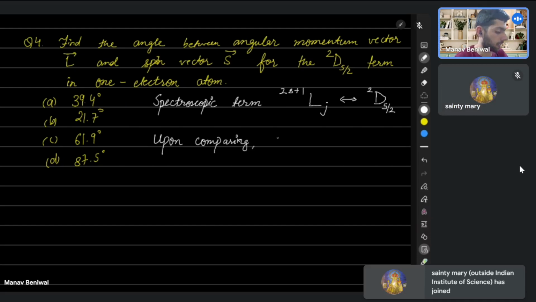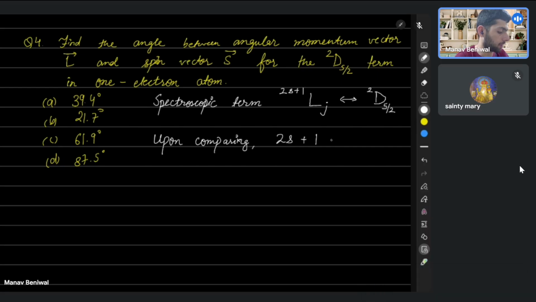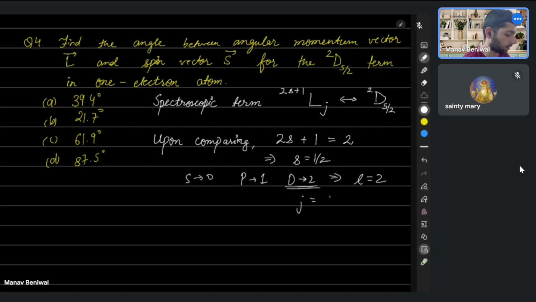Upon comparing, we get that 2S plus 1 is 2, which implies S is half. Also, because we have D: S means 0, P means 1, and D means 2. So this implies our L is 2, because D means L is 2. Finally, our J is 5 by 2.